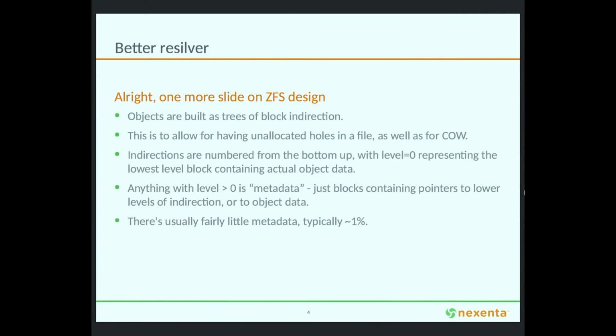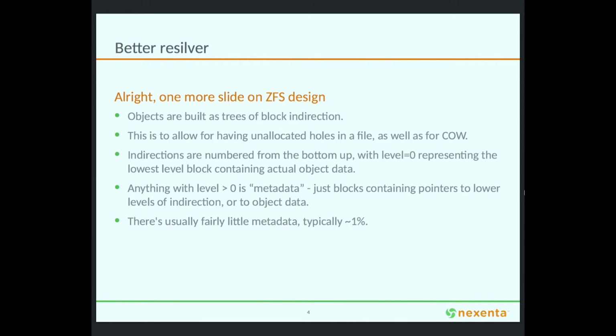At your lowest level, level 0, that's where the object's contents actually live. This is frequently referred to as user data, or the actual useful data of ZFS. Anything above that, higher than level 0, is your metadata, which is how to locate the actual contents of the objects.